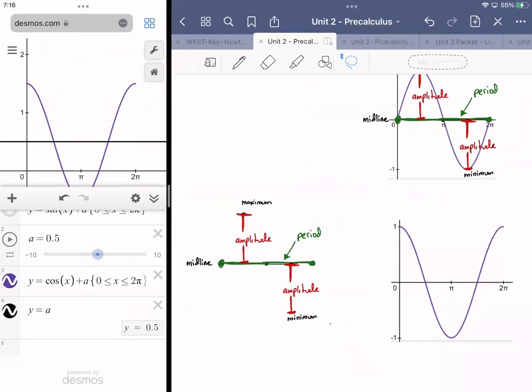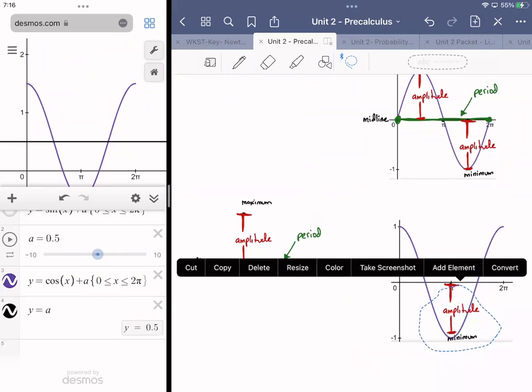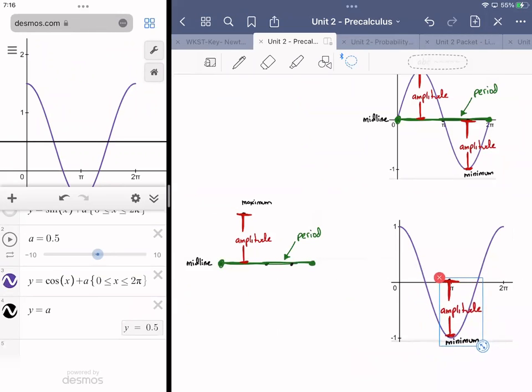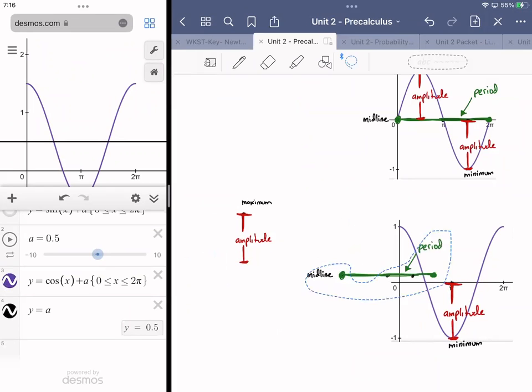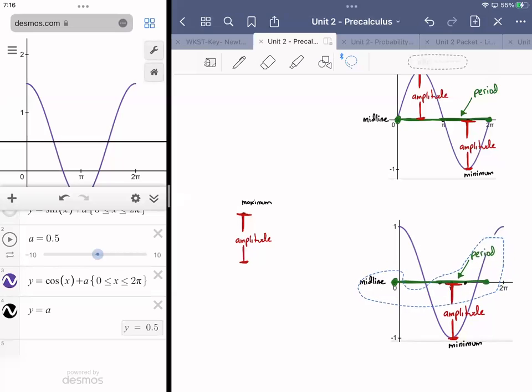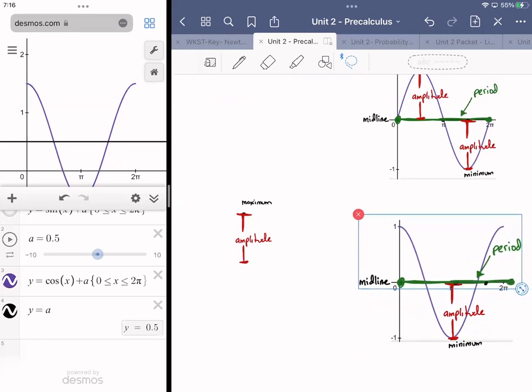We're still looking at the same relationships in terms of amplitude and period and all that business, except I guess I made this graph a little bigger, so bear with me here. There we go.